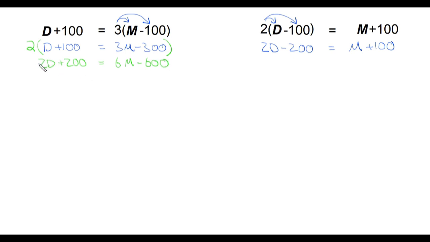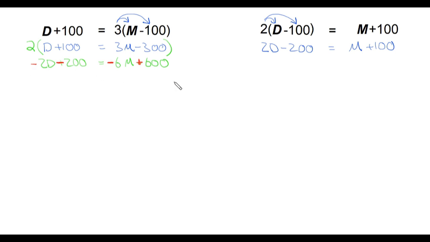And why I did this is so that there's a 2d in each of them. So now I'm going to make all of this negative. I'm going to multiply by -1. So this becomes a negative 2d. This becomes a negative 200. That becomes a negative 6m. And this becomes a positive 600.